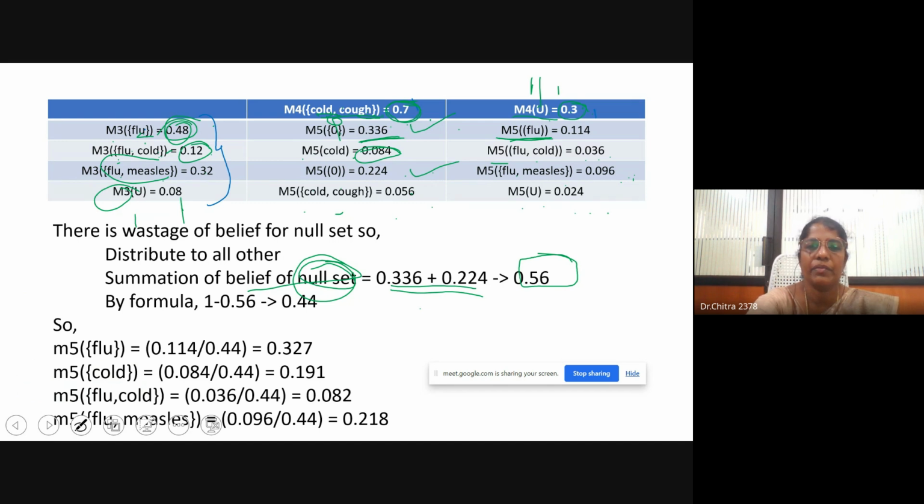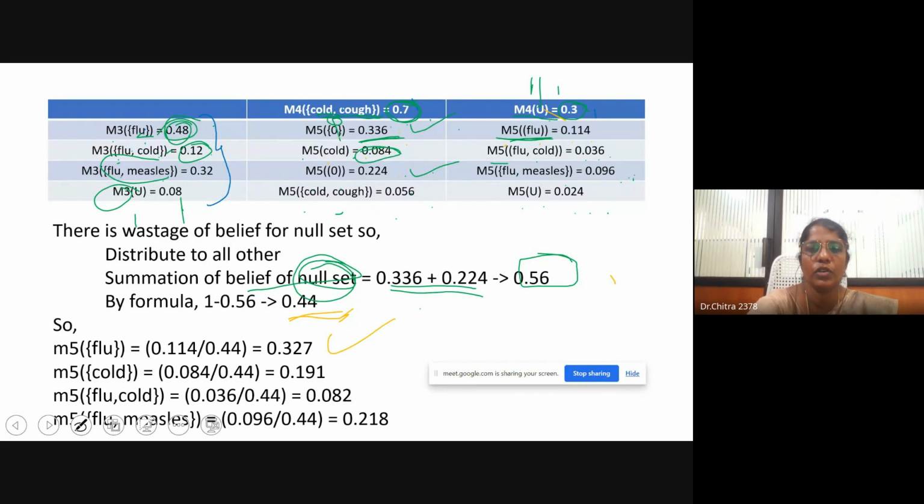Take M5, because that is our final mass calculation. You don't need to take the null set; already you have taken the null set, and from that only you derived the normalization factor. So now calculate M5 of flu. M5 of flu is 0.114 divided by 0.44, which gives 0.327.